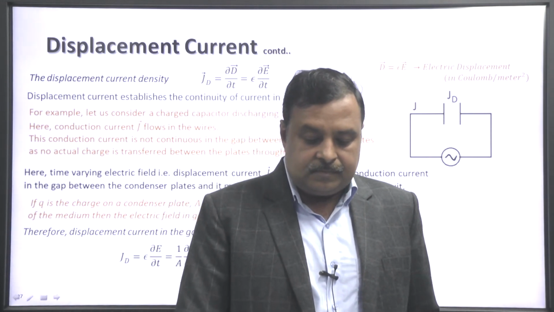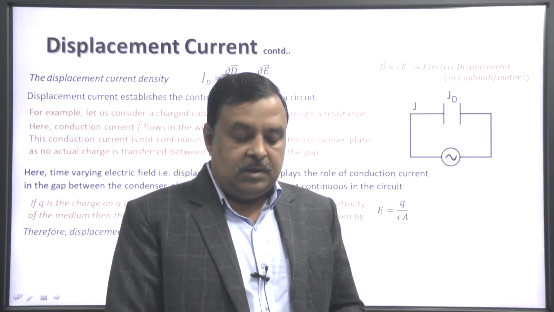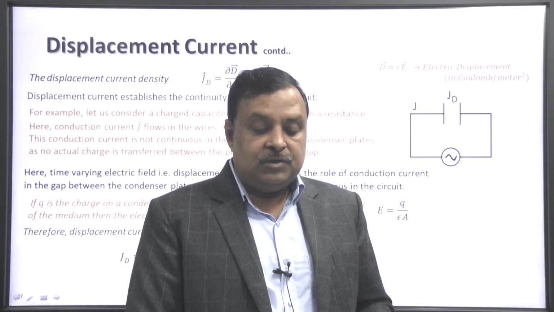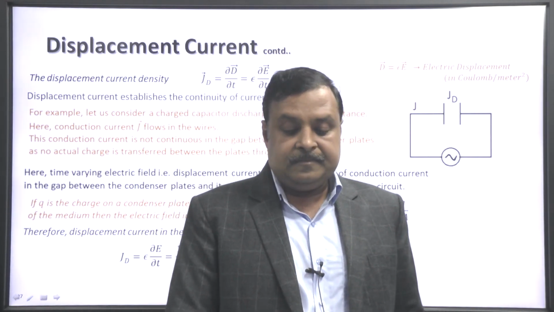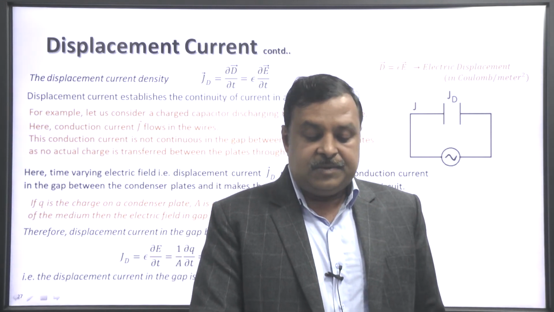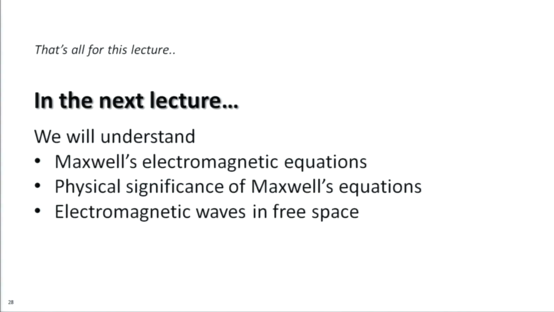So, JD is the same as the conduction current density J in wires. That is, the displacement current in the gap is the same as the conduction current in wires.